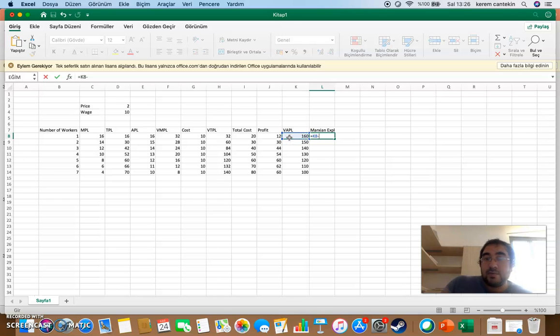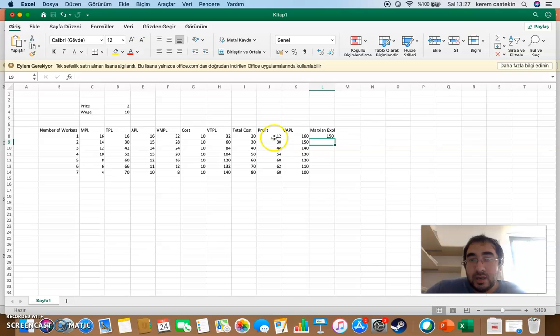So on average, when you divide the total value created by the number of workers, you get the value an average worker creates. So the worker in this case, when you have only one worker, creates 160 units of value, but only gets 10 units of wage. So basically, exploitation is 150 in this case per worker. The employer gets 150 units out of the worker.